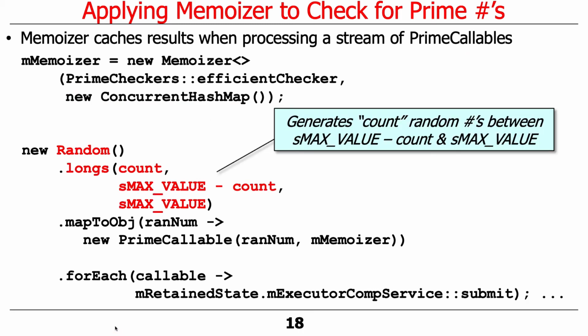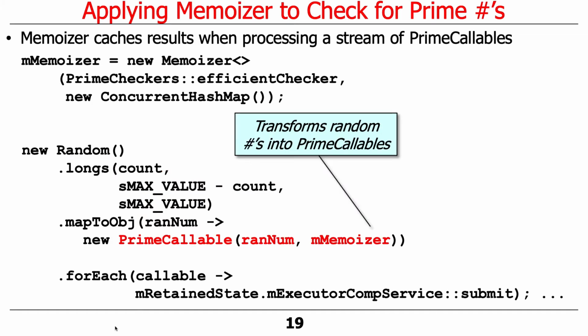Here's the main body of the code. We create count random numbers in this range, which will ensure that we have duplicates. And then for each random number, we're going to go ahead and make a new PrimeCallable instance with that number and the Memoizer. So you can see the Memoizer up there. We pass the Memoizer in, which will then be used to do the computation.